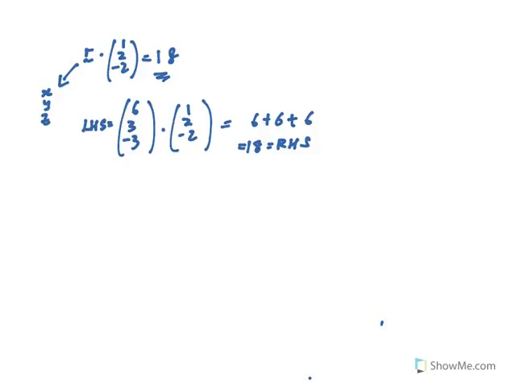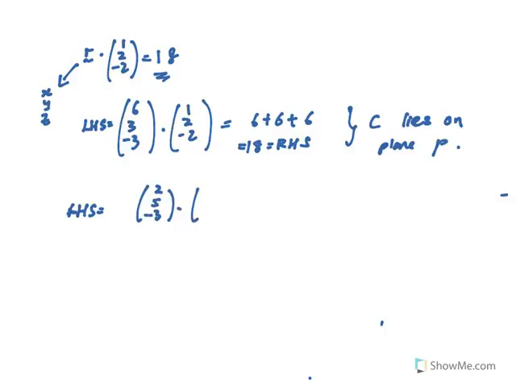So you can see that C lies on plane P. How about D? D is the same. For the left hand side, I sub D, which is 2, 5, negative 3, dot product with 1, 2, negative 2.